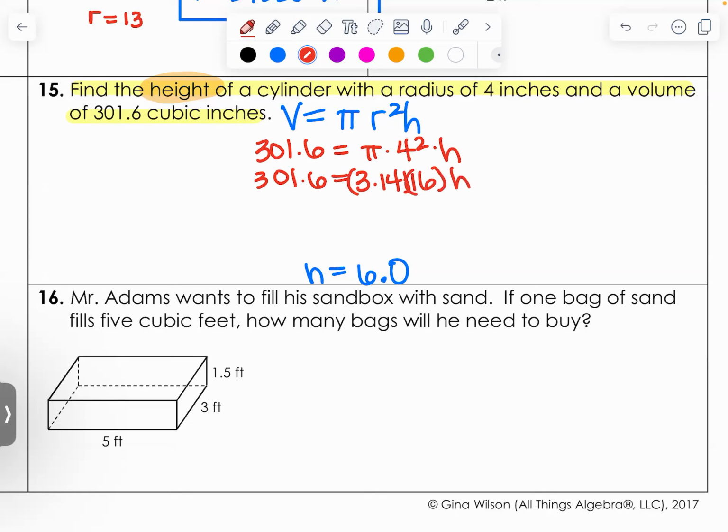So 3.14 times 16 gives 50.24. Now, if 50.24 is being multiplied by H, how do I undo it? We could divide both sides by 50.24. That's how we get our 6.